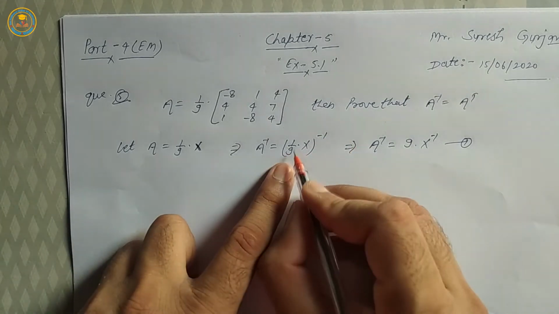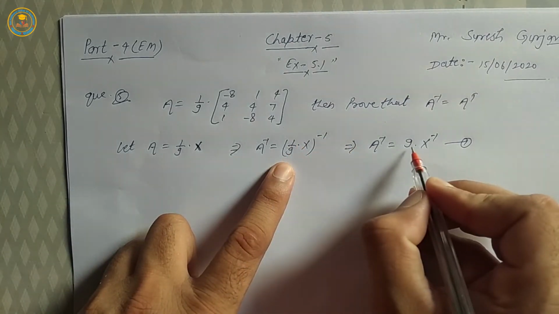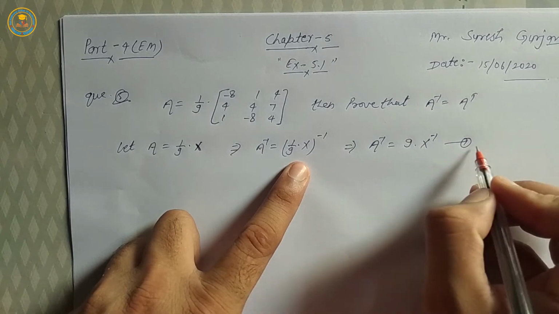Implies A inverse is equal to the inverse of 1 upon 9, which is 9, into X inverse. Equation first.